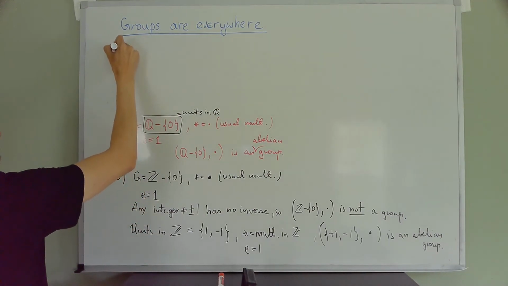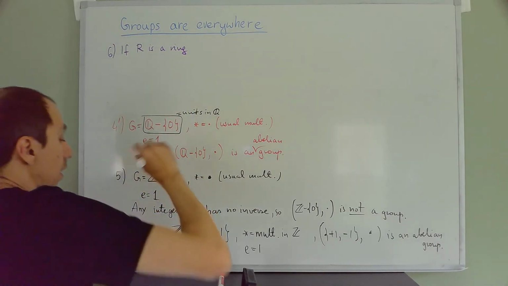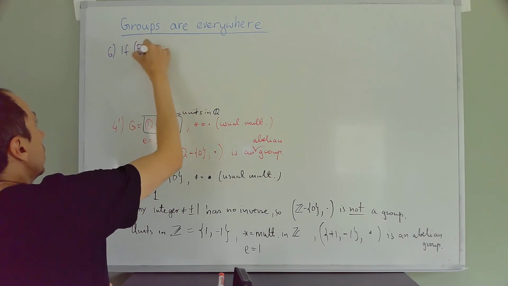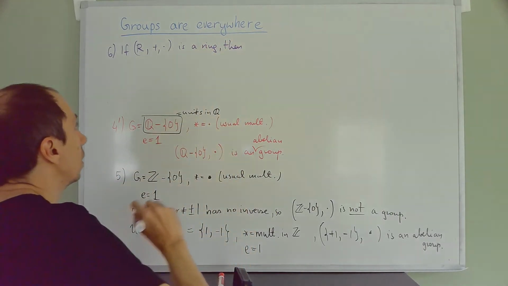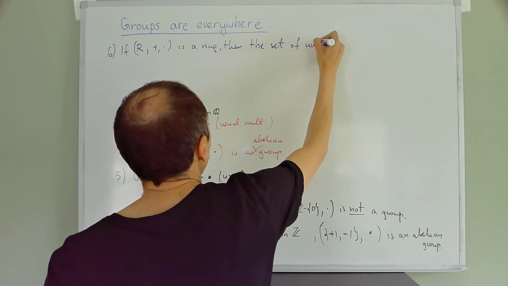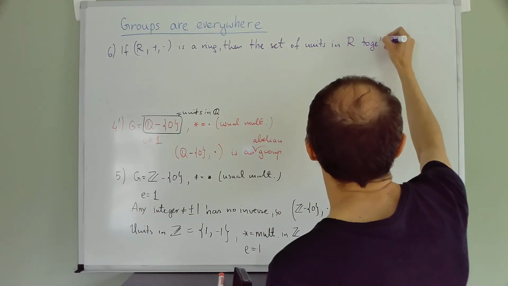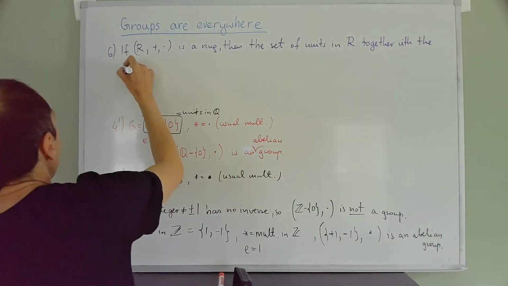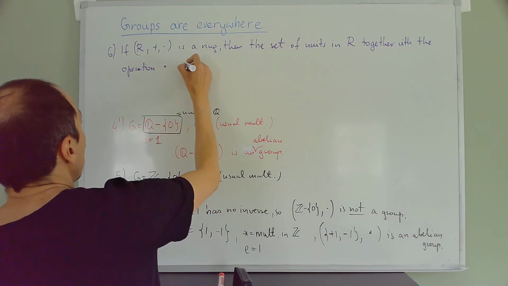So, example 6: if R is a ring, with operations in R plus and times, then the set of units in R together with the operation multiplication in R is a group.